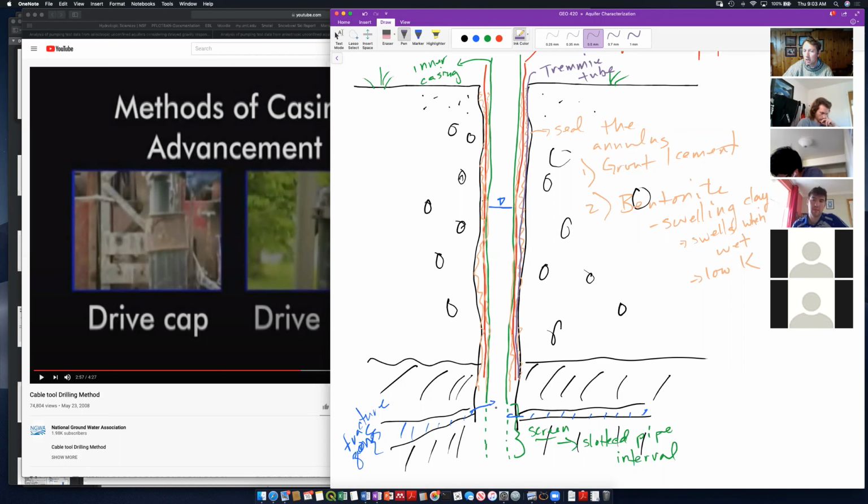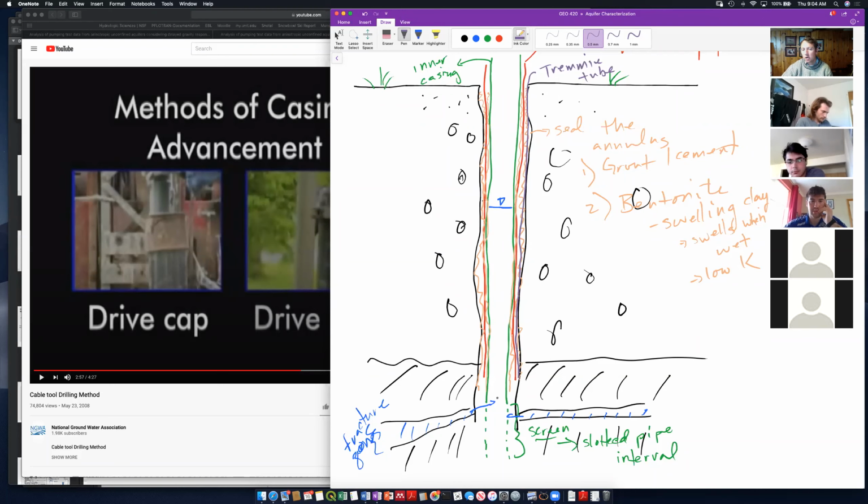Or fill the entire hole with cement, put our casing in there and let the whole thing set, and then we re-drill out our casing. So you'll see some of that here in a sec.